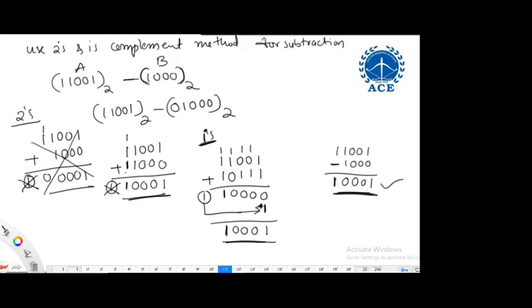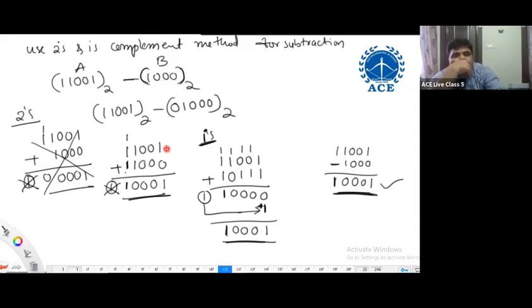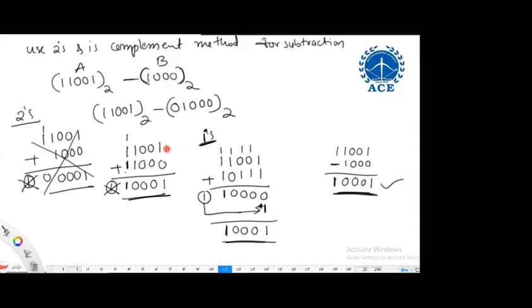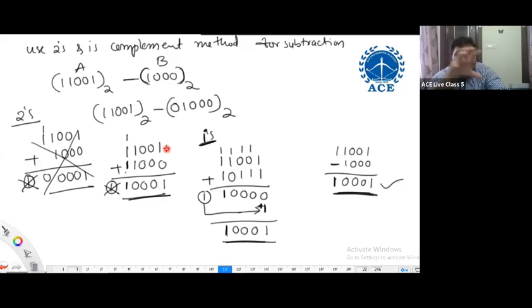Hello, sir. Navin, in the 11th frame, according to the first sum, A minus B, in B why haven't we added 0 instead of 1? Unsigned binary numbers. I've been mentioning these words: unsigned binary numbers. This is generic for all number systems.